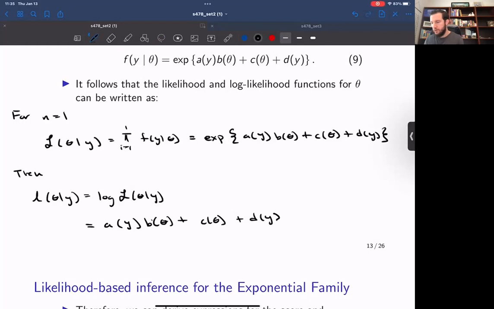So in the simplest situation, we have an expression for the likelihood function and the log likelihood function.